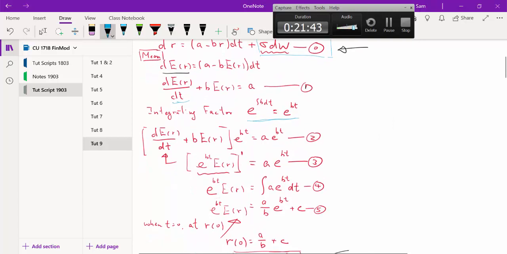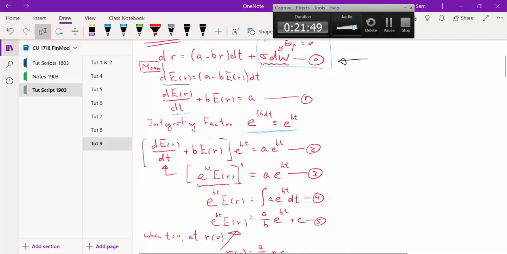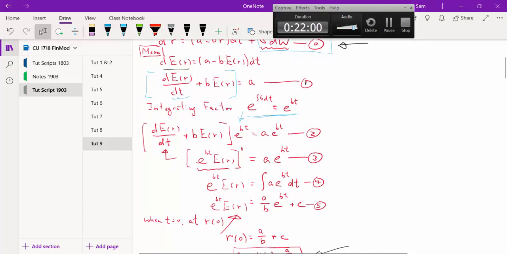What I guess the key here is the recognition that this thing, or this thing multiplied by e to the bt, is actually the differential of that. So if you integrate this one, the dash here is the derivative.